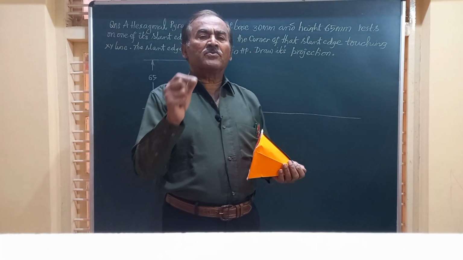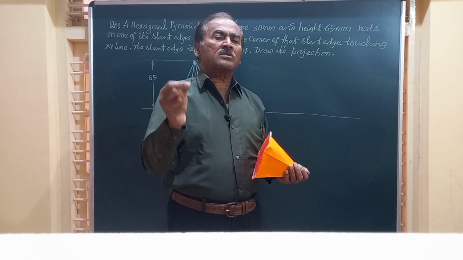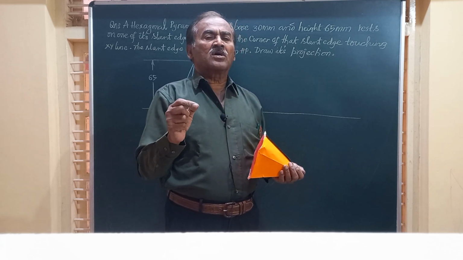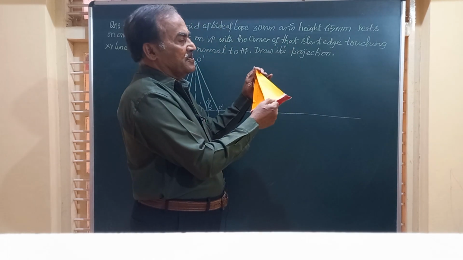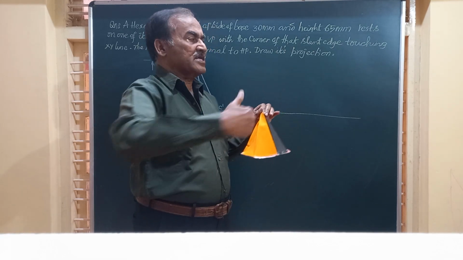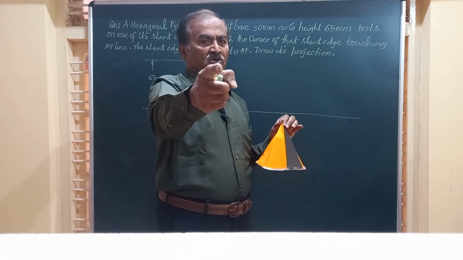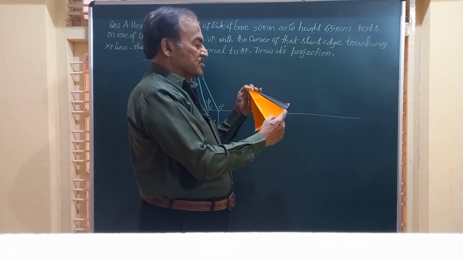So friends, whenever any of the pyramids has to rest on one of the slant edges or one of the corners of the base, there are six corners. So one of that corner should come to the right side of the observer. Suppose if you are all observers, to your right side, that particular corner should come.